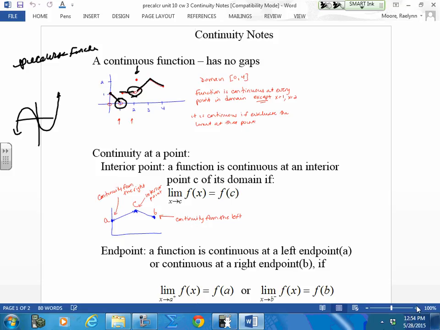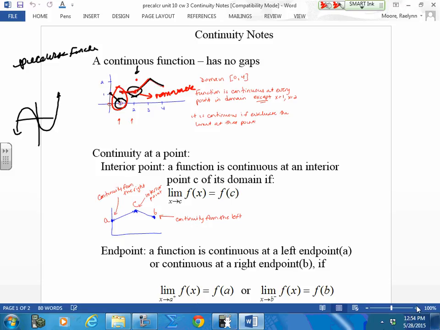So there are certain times where we can make it continuous. For instance, if I come over here and fill this point in, can I now be continuous right there? Then this point is called a removable point: fill it in and I can go through it. This one right here, there's no way I can connect that.